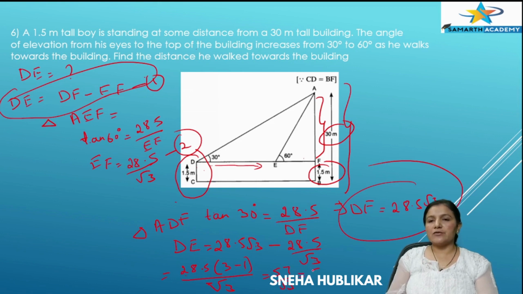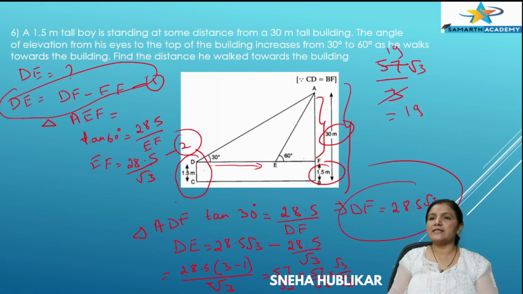You can get 57 root 3 by root 3 into root 3. So root 3 into root 3 is 3. So what we get here? 57 root 3 by 3. This goes with 19. Hence, the answer is 19 root 3 meters. This is the distance walked by the boy.